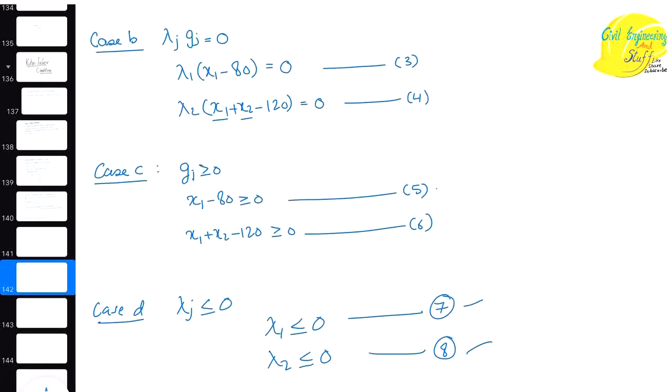So we can say that the condition for equation number 5 is not satisfied, right? So the value of x1 to be minus 30 and x2 to be 0 we cannot take, because we have to satisfy right from equation number 1 to equation number 8. All these parameters need to be satisfied.